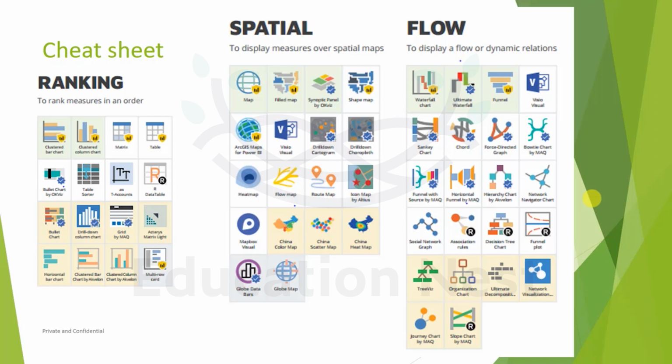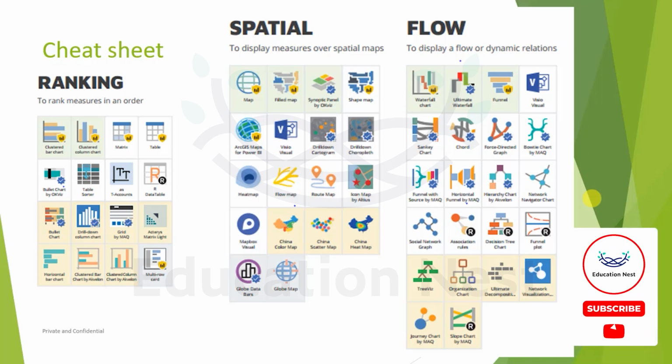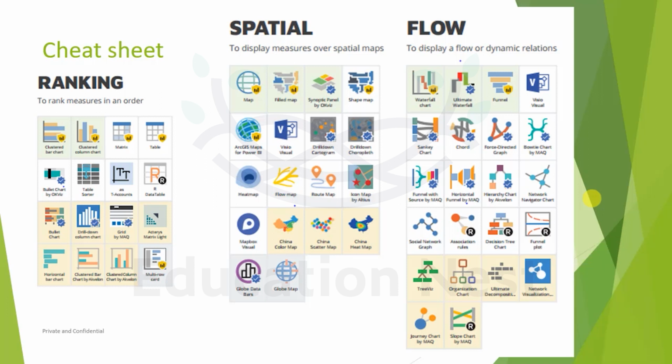So you have the option to sort in clustered bar charts, matrix chart, tabular chart, and then some T accounts, and then there is table sorter. Something which works on sorting is the chart you can make use of to identify the ranking. So this group of charts is used for identifying rankings.